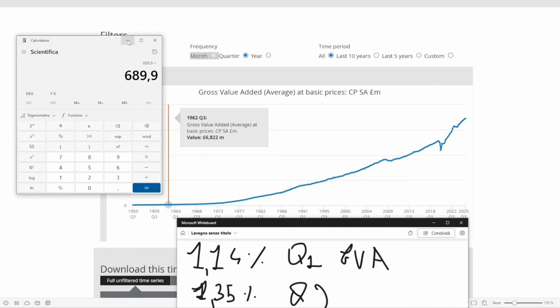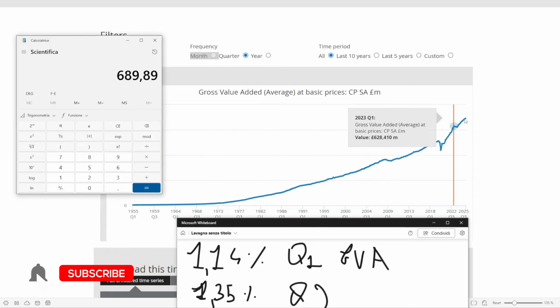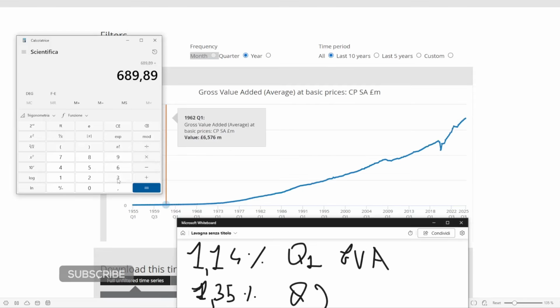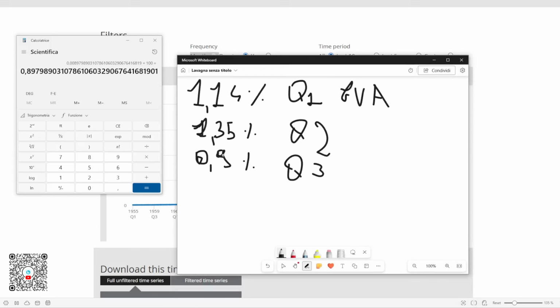Okay, let's do it again. 689.89, is that correct? Yes, divided by 683.75, same as usual, minus 1 times 100 equals 0.89. Let's round it up to 0.9.